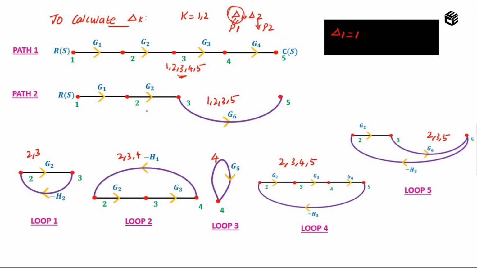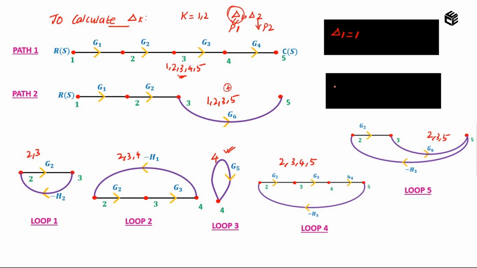Similarly, we are going to compare the second forward path with all the individual loops to calculate del 2. Here we can say that the only node left is 4. Correct? 1, 2, 3, 4 alone is not here. On checking all these, we can say loop 3 is not touching the second forward path.